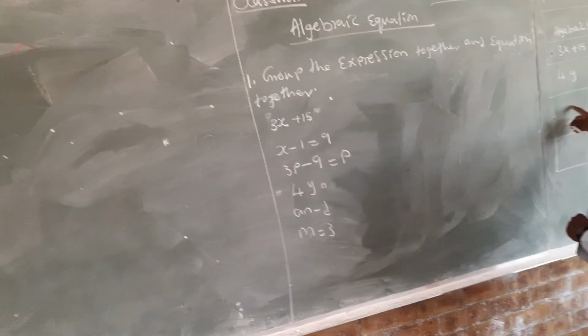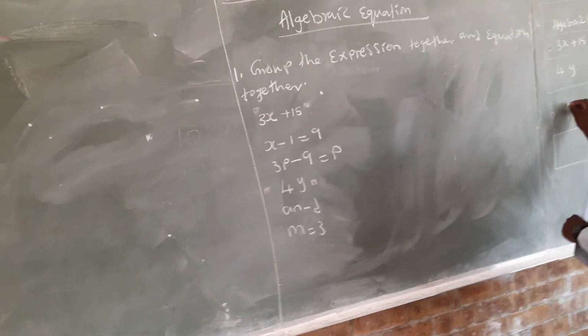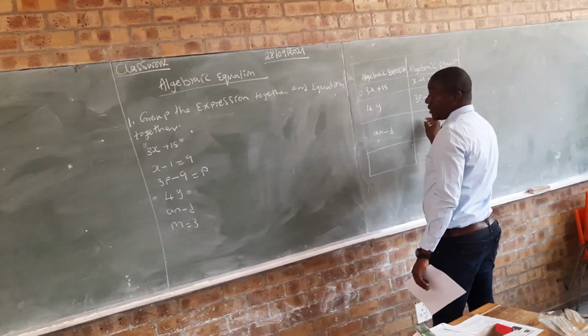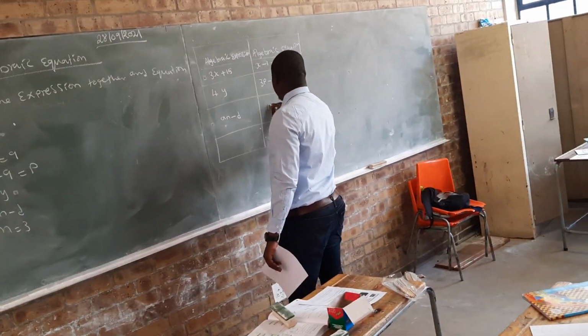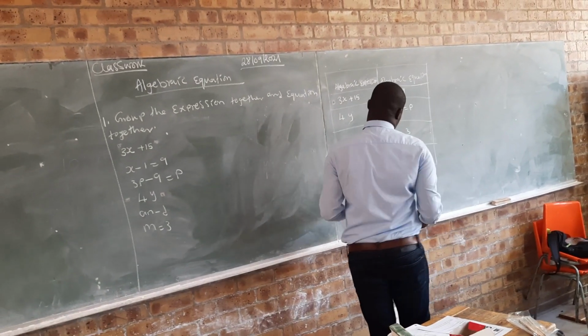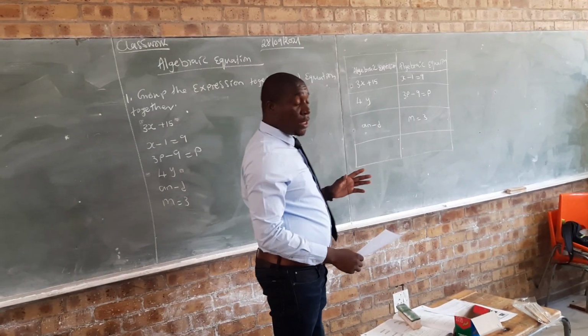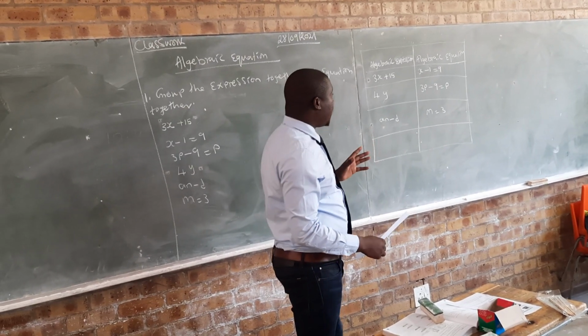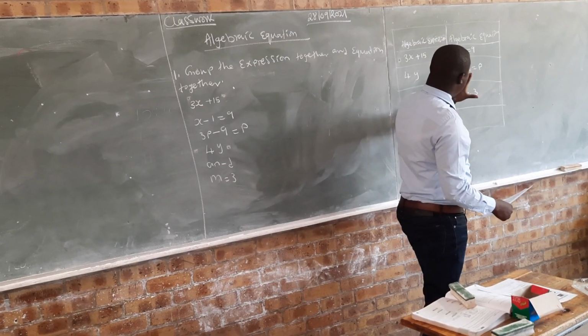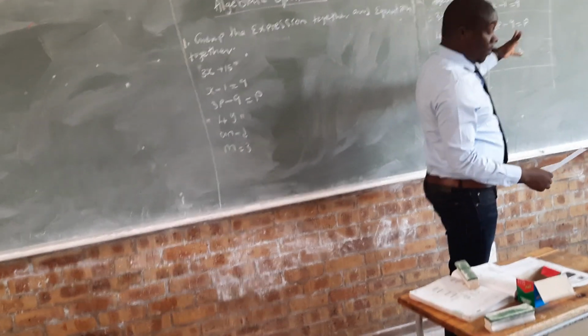What else this side? a minus d, subtracting. And this side we have n equals 3. So now we can see clearly how they differ. The expression does not have an equal sign, while the algebraic equation has an equal sign.